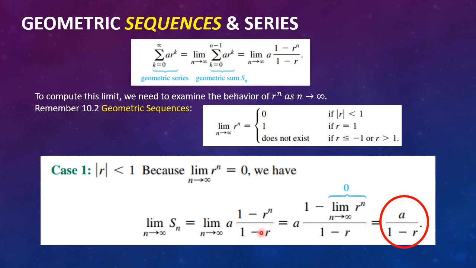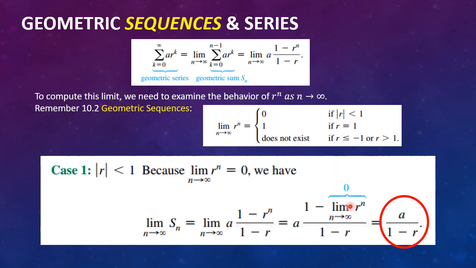If we apply the limit to the formula, notice the limit really only affects this one term, which is r to the n, because everything else is a constant. A is a constant, r is a constant. It's just r to the power of n as n goes to infinity. And remember that when the absolute value of r is less than 1, a fractional value like 2/3, between 0 and 1, the limit as n goes to infinity of r to the n equals 0.